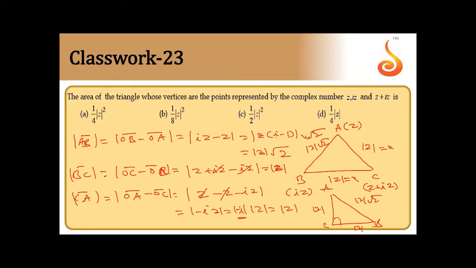Now take the area of the triangle, half into base into height. What is the answer? Yes, Ananya, very good. Yes, Atul, very good. So it is a right angle triangle, this angle is 90 degrees. Yes, Nitin, Diya, very good. What about Harshita? What is the answer?